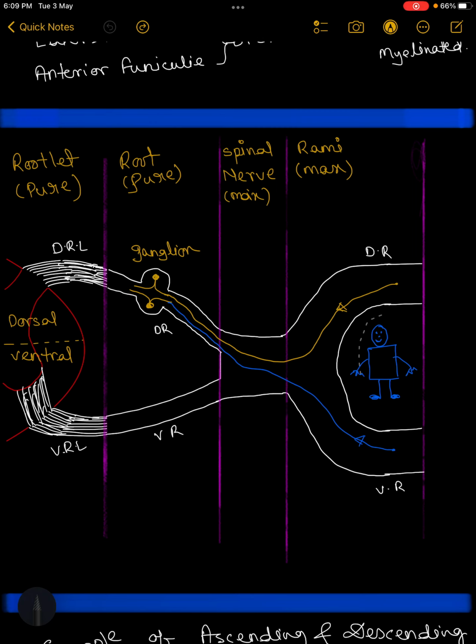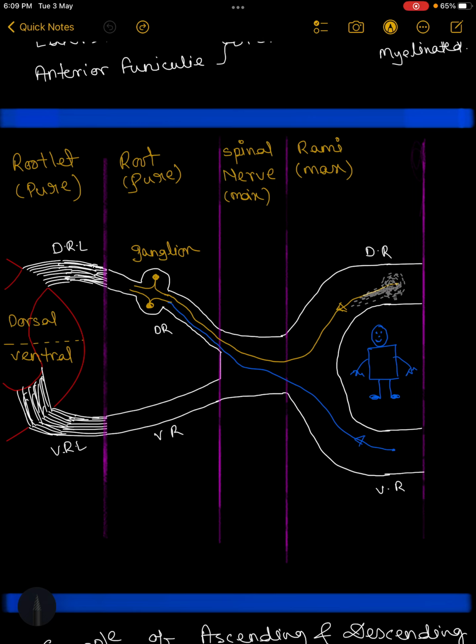If you want to visualize, here is a cartoon. Just think, the dorsal rami innervates all the backside of your body, and the ventral rami innervates all the anterior portion, or front, of the body, and definitely it will be mixed. Now focus here first.